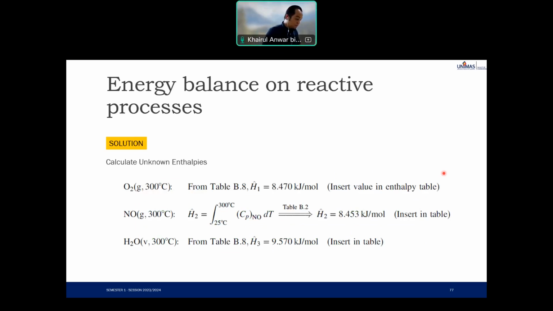If you see CP, then automatically go to table B2.